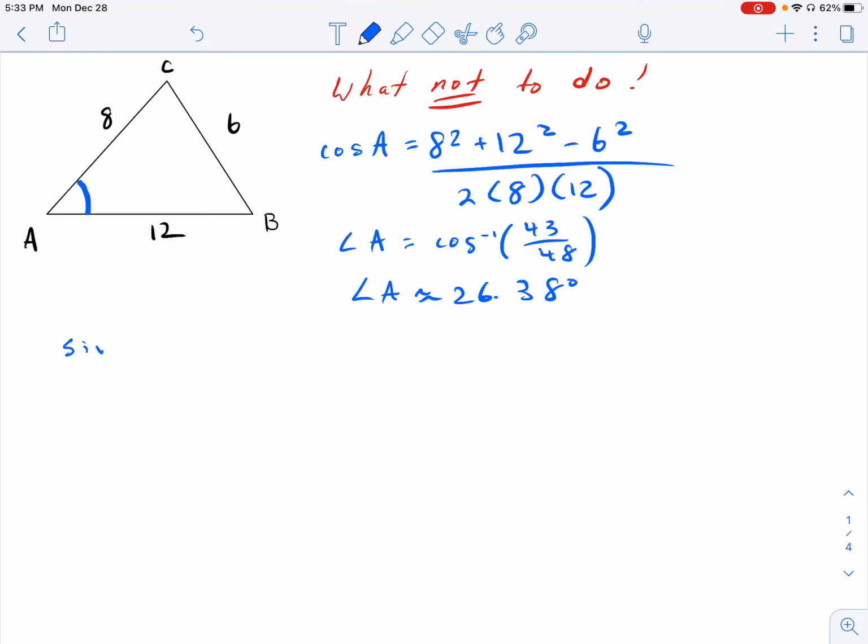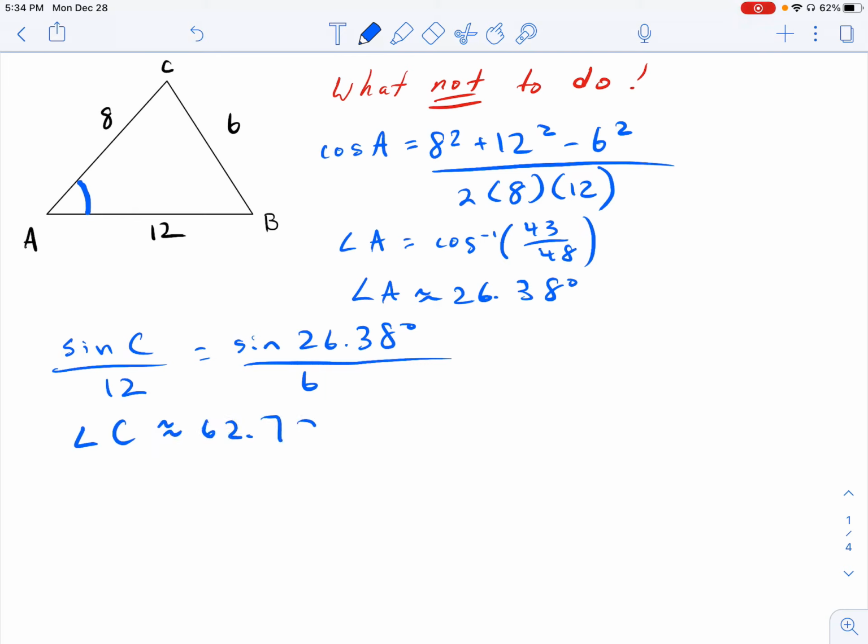I'm going to say the sine of angle C, it's across from the side with a length of 12, is equal to the sine of the angle we just found, 26.38 degrees, all over 6. And you cross multiply, you do the inverse trig function, you would say angle C then is equal to approximately 62.720.